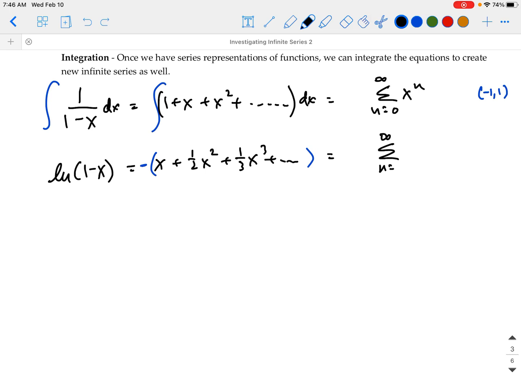So for our series representation, now we need to figure out, okay, what is it going to be? It's going to be the opposite, so we're going to get a negative sum. But what is our expression? Well, our expression is the antiderivative, right? So x to the n over n. So we could do n plus 1, but we could also do x to the n over n.